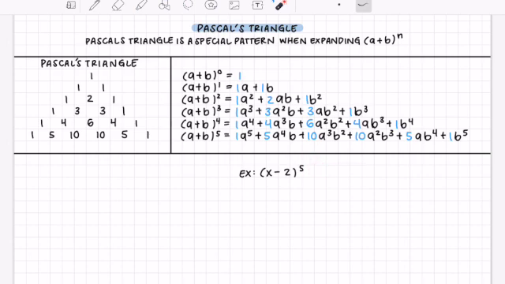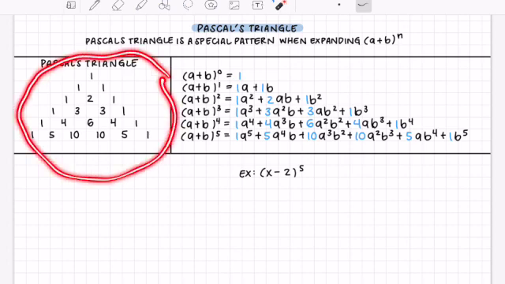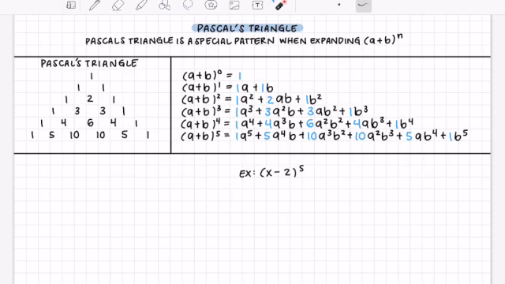So, whenever you're looking at Pascal's triangle, which is on the left side here, the idea is that you always start off with 1 first. And then from 1, you get another 2 ones. Now from here, I want to add up my 1's together. When I do that, 1 plus 1 equals 2.